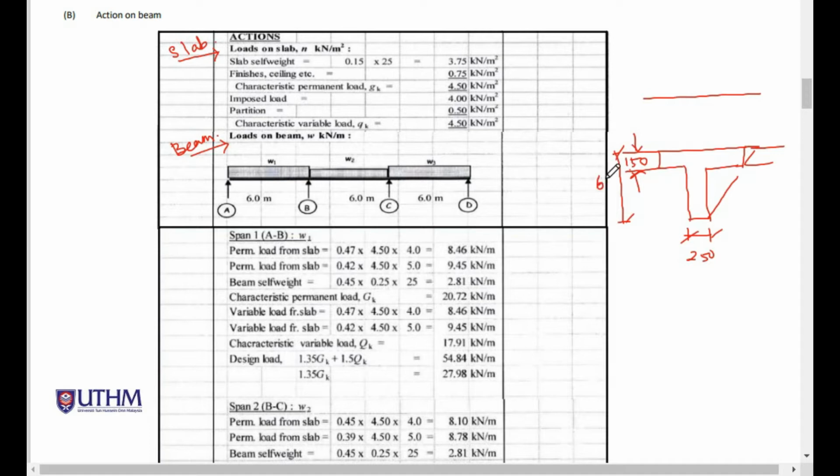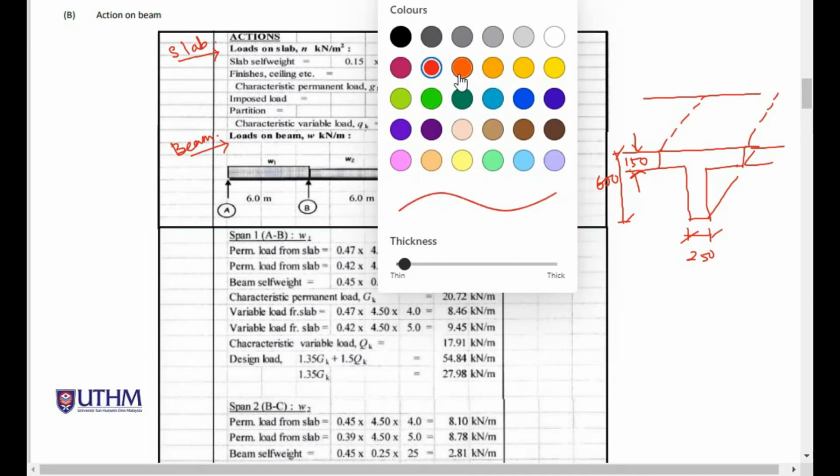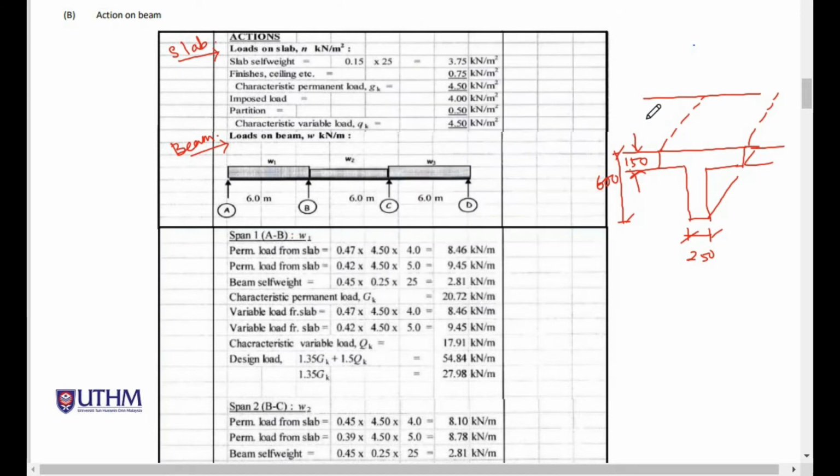So this is the beam, and this is the slab. Load from the slab is transferred to this beam, either in two-way or one-way direction. In this example, it is two-way.